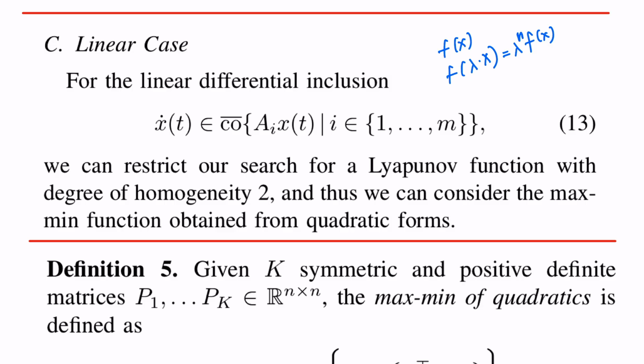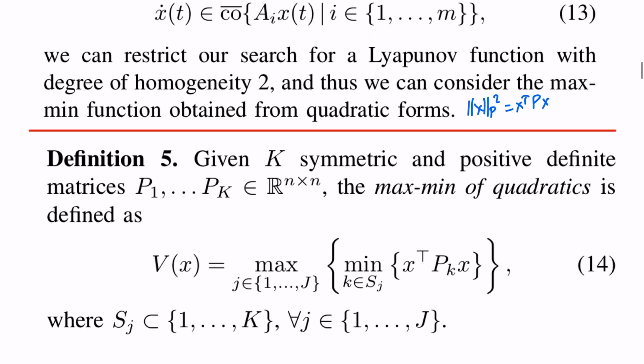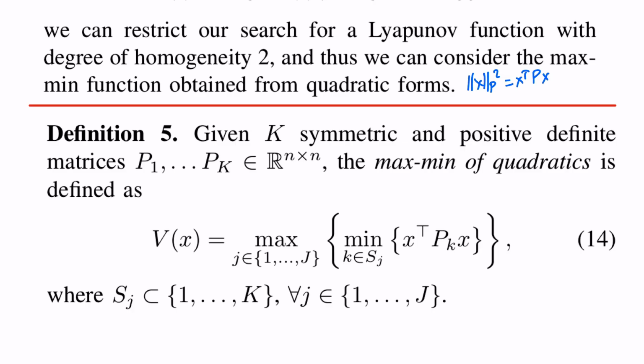All right, and thus we can consider the MaxMin function obtained from quadratic forms. When we say quadratic forms, we mean basically something like that. Before that, when we said MaxMin type of function, we had k basis functions, v1 to vk, where each of them would be continuously differentiable.